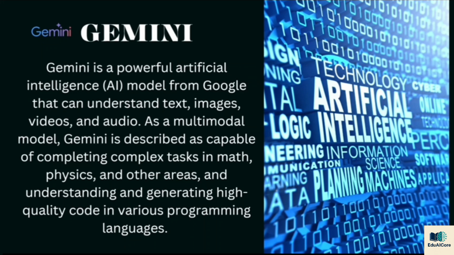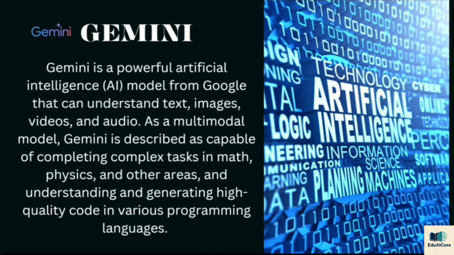If you give any images, it tries to understand that image. If you put in any video or audio, it tries to decode that particular thing for you. So this is software by Google, as ChatGPT is software by OpenAI.